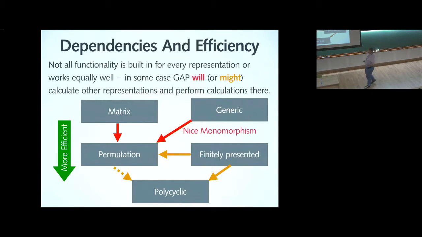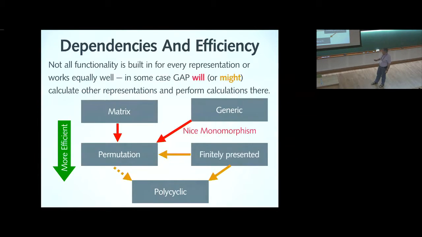But just looking at some ways of representing groups, for example, we have permutation groups, they are not as efficient as polycyclic groups, the PC groups given by a PC presentation. Finitely presented groups behave, well, probably actually I should have moved them a little bit up, they're not as good as permutation groups. And in fact, finitely presented groups use permutation groups and use polycyclic groups.